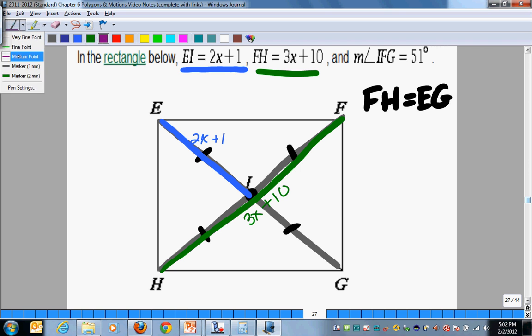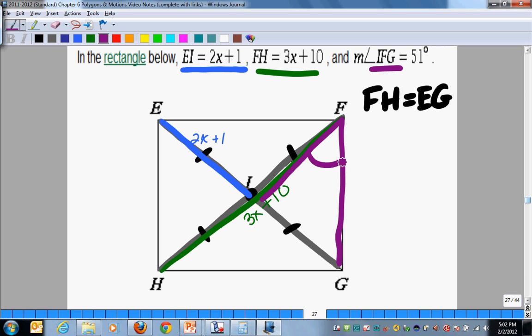And last, we want to trace IFG, so we start at I, we go to F, we go to G, that this angle right here is 51 degrees. We're going to find everything that we can. Let's work with our side lengths first.